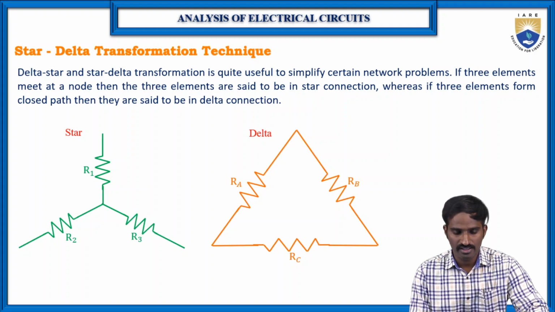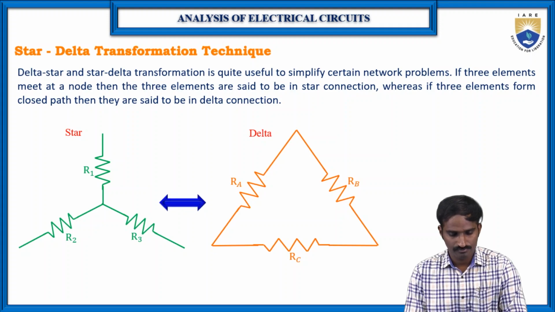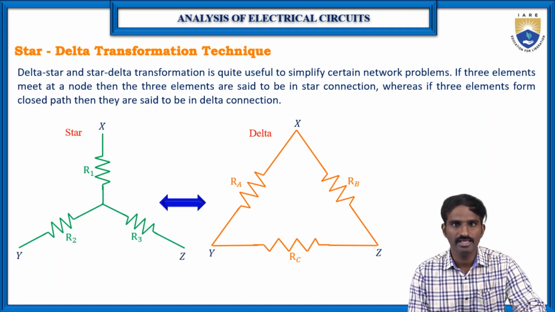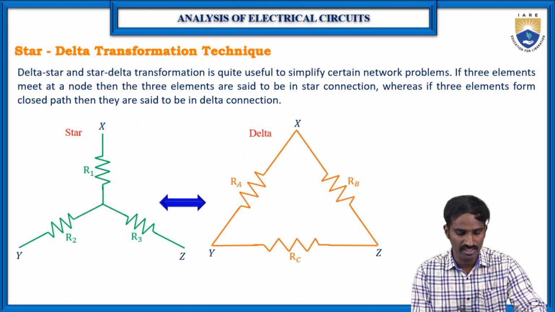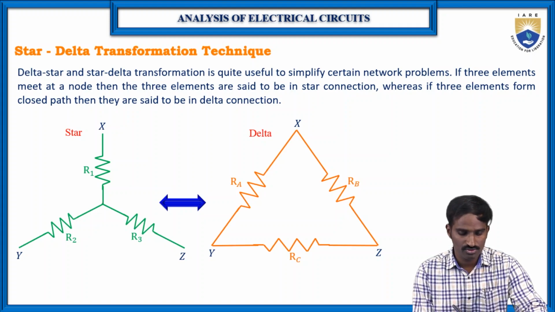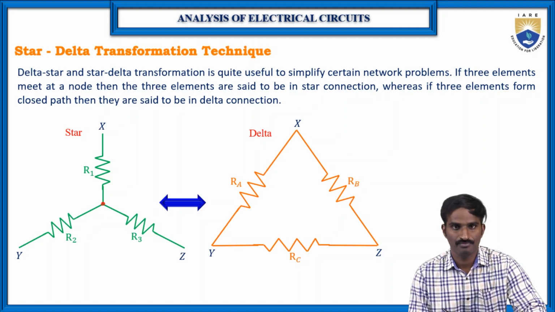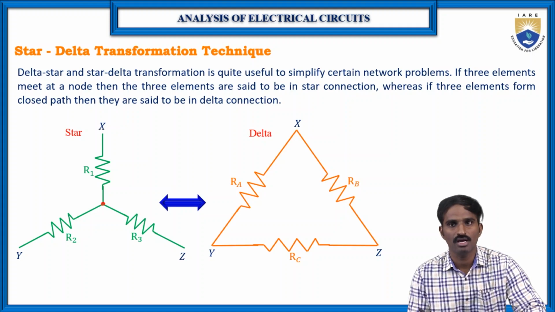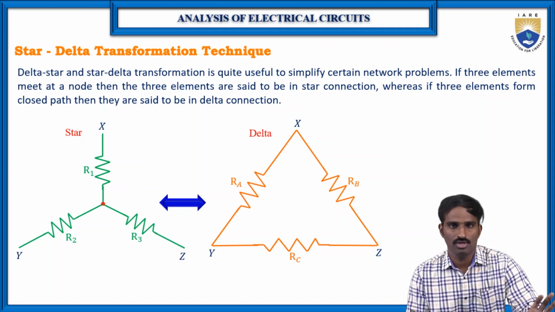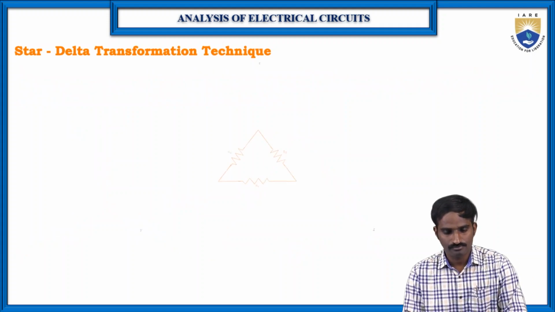Here RA is connected in between the X and Y terminals, where the X terminal is connected to R1 and the Y terminal is connected to R2. Then what is RA in terms of R1, R2 and R3, and what is RB in terms of R1, R2, R3, and what is RC in terms of R1, R2, R3? That we are going to find in today's class.